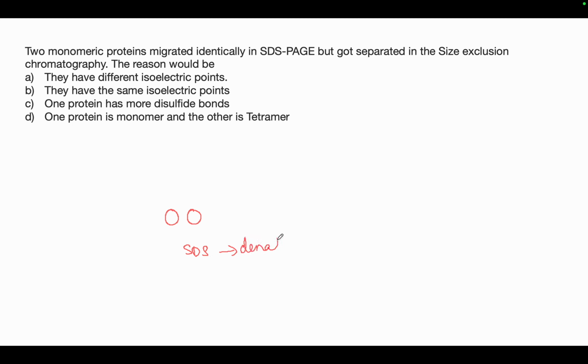Okay, what it will do, if we have a trimer like this, a tetramer like this, it will denature and we'll get monomers like this. Okay, we'll get monomers, and these monomers, as you can see, are of the same size.